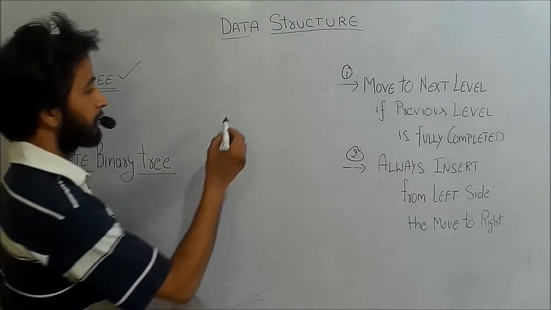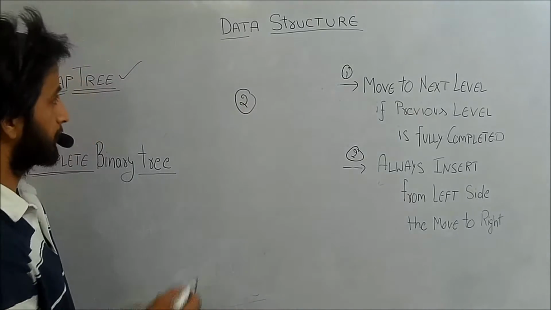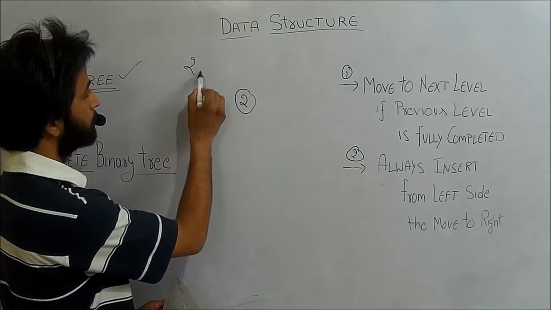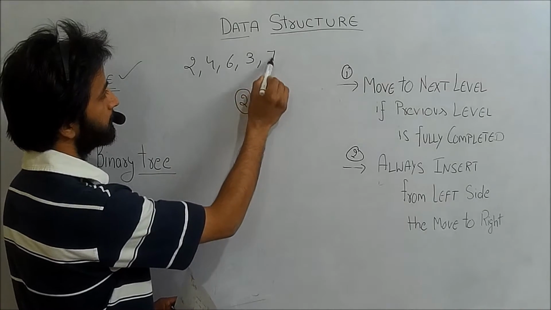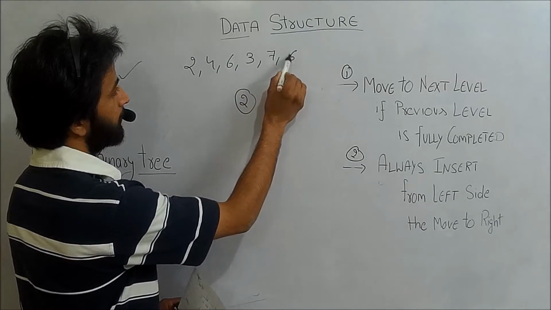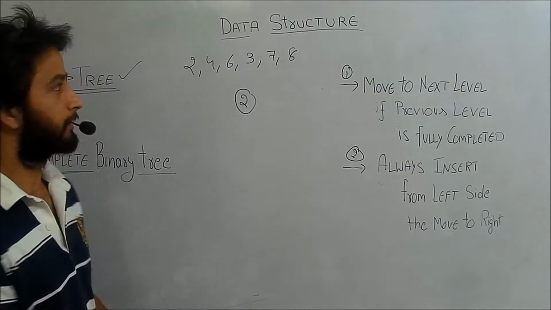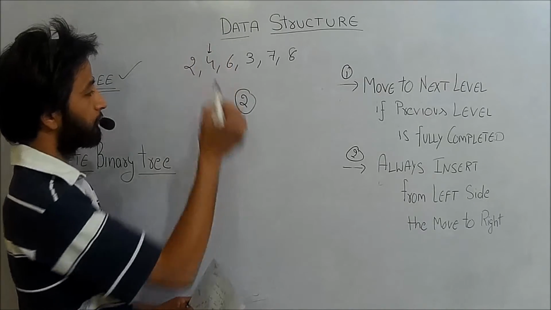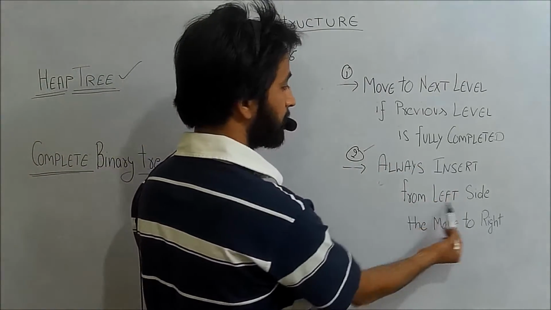Let us take a node which is 2. These are the elements: 2, 4, 6, 3, 7 and 8. So the first node is 2, and the next node is 4. Rule number 2 says that always insert from the left side.